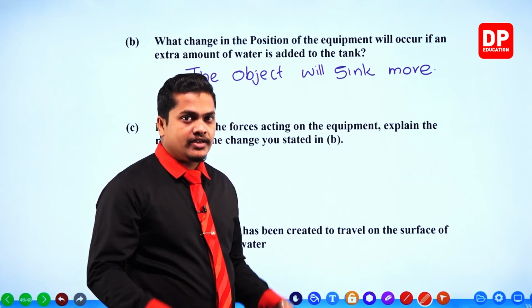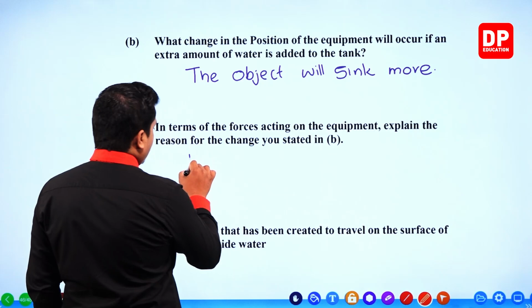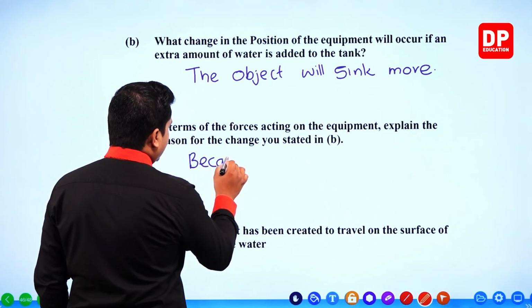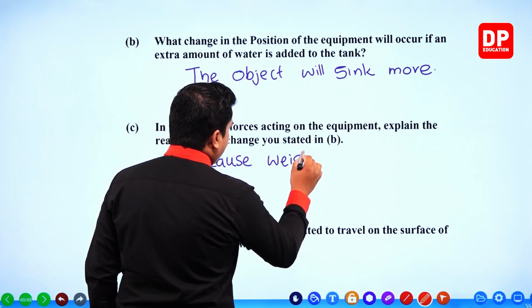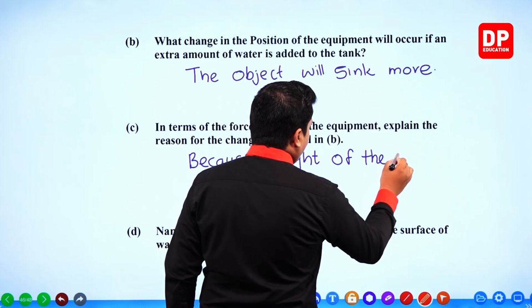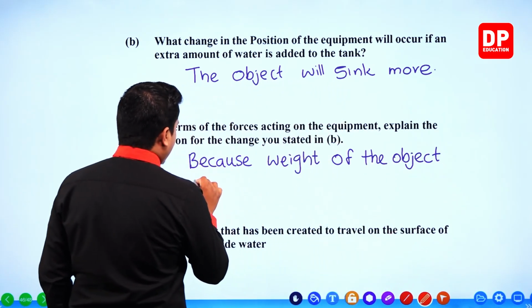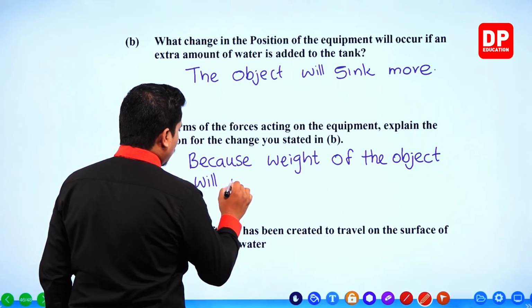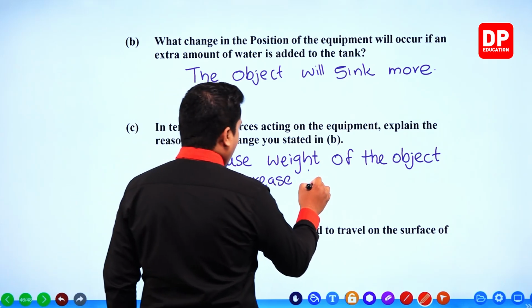So therefore it tends to go downward. So we can write the answer, because weight of the object will increase than the upthrust.